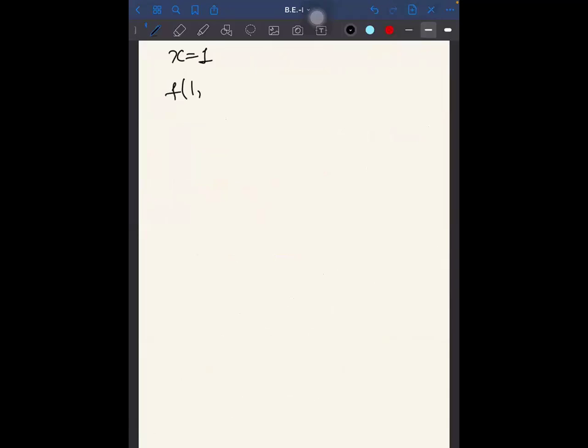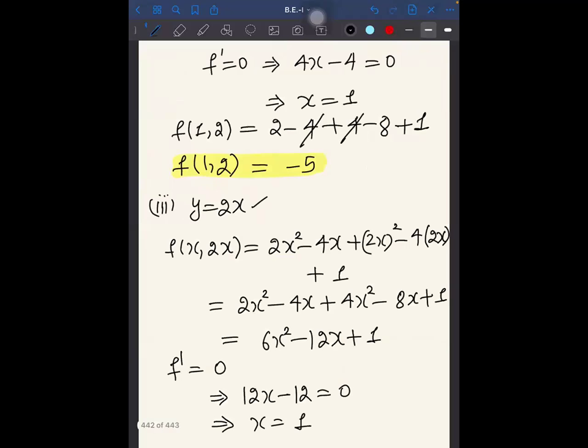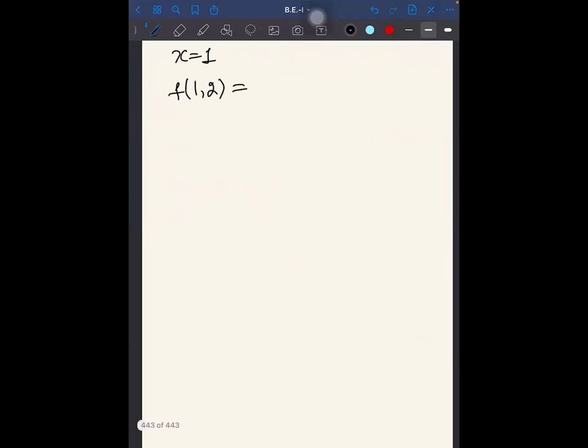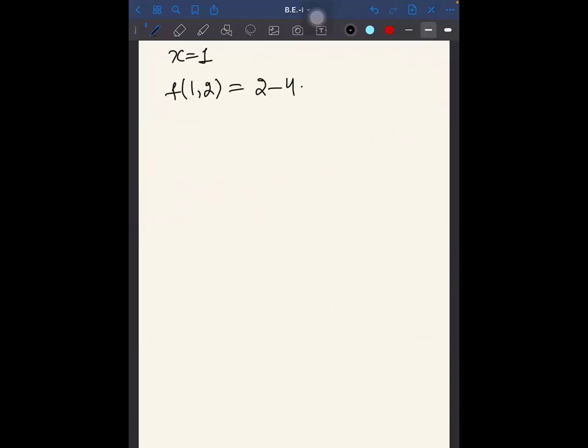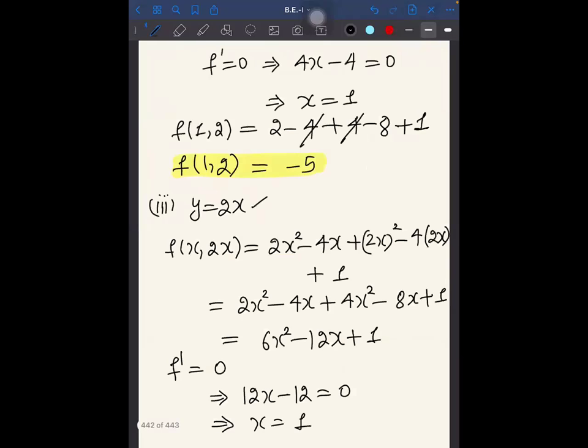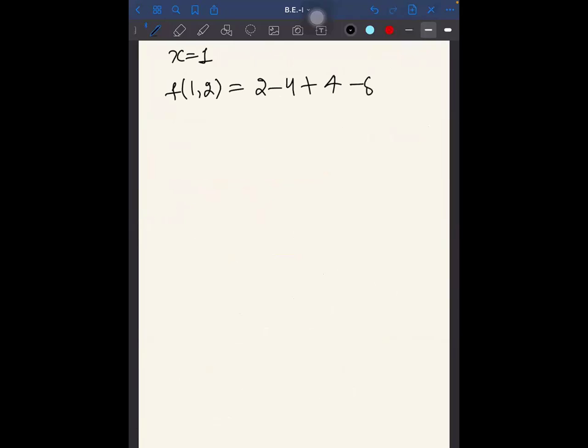Again, you will get same value from here as well. So that becomes 2 minus 4 plus 4 minus 8 plus 1. So yes, you will get the same thing, minus 5.